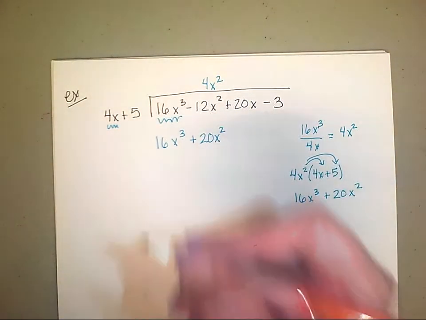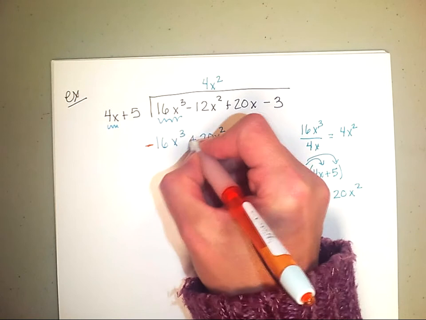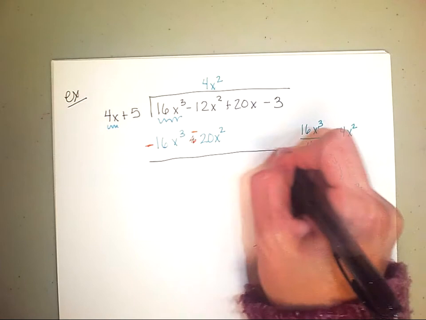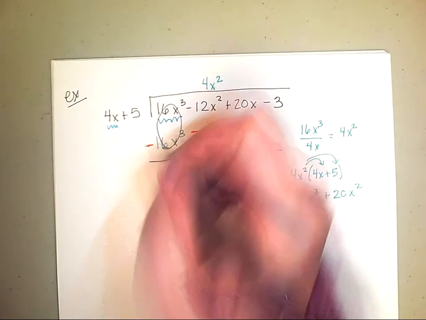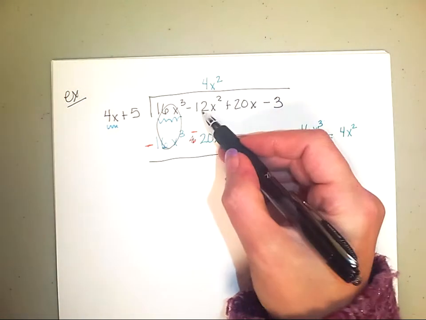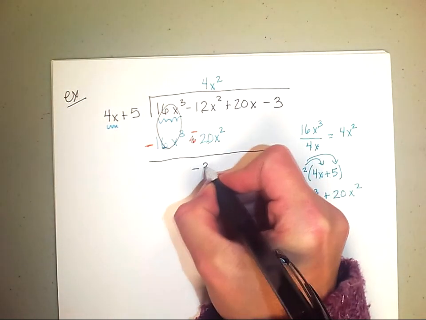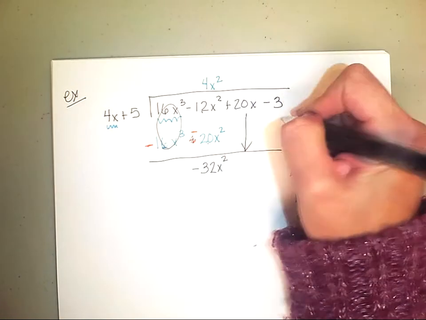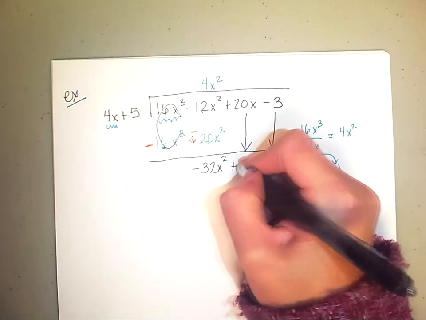But remember, we're subtracting, so we need to change the signs. And now 16 minus 16 goes to 0. Negative 12 minus 20 is minus 32x squared. And then we'll bring down the rest.